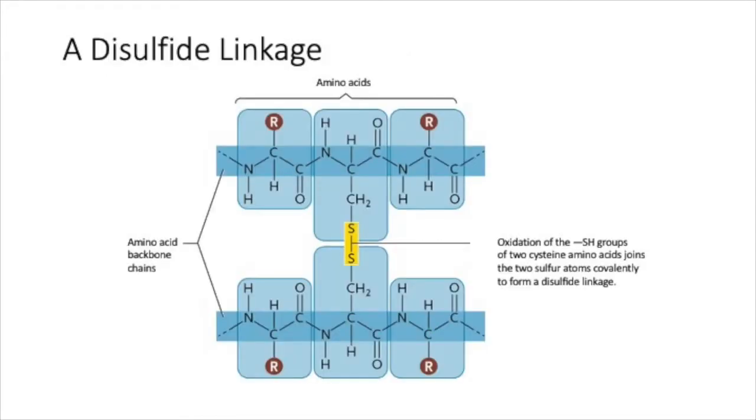And then we have this disulfide linkage, right? If you have a cysteine amino acid, two sulfur atoms are going to covalently form a disulfide linkage.